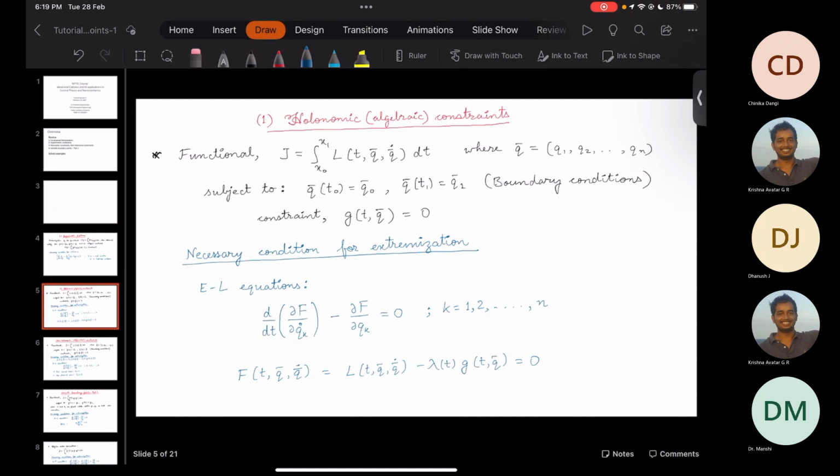The second type of constraint that we listed a couple of slides ago is holonomic or algebraic constraints.